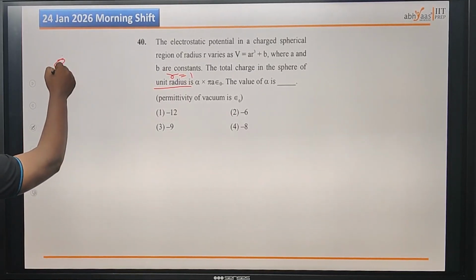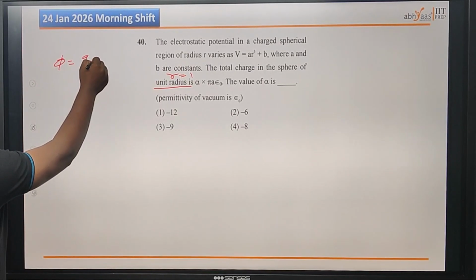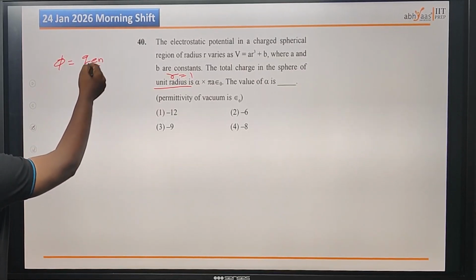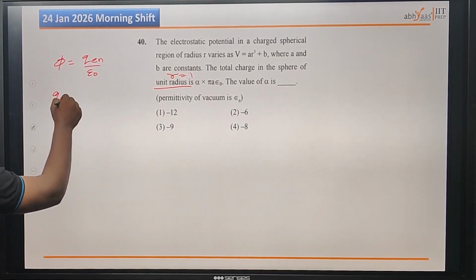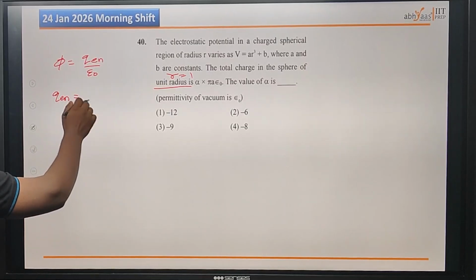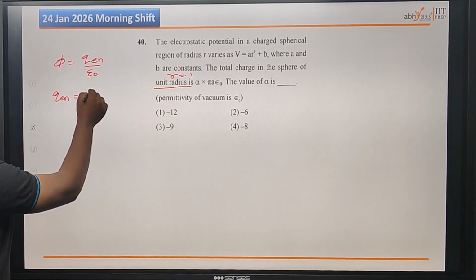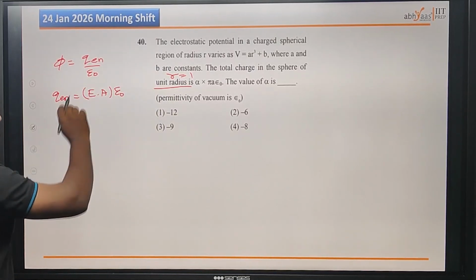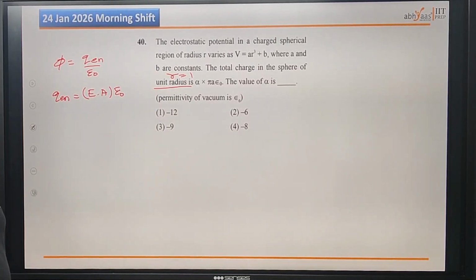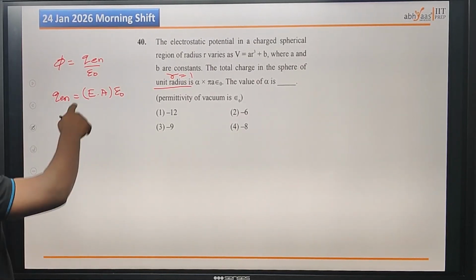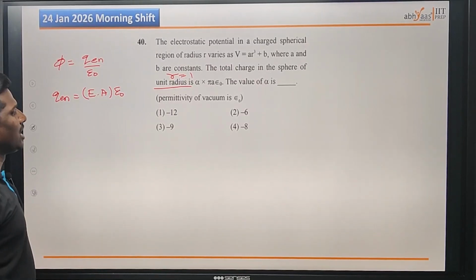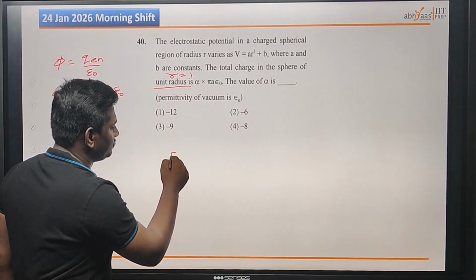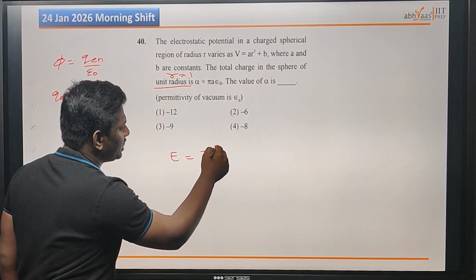How to find the total charge in a sphere of unit radius? So phi can be written as Q enclosed by epsilon naught. We want Q enclosed, so Q enclosed equals phi into epsilon naught. You can write it as E dot A into epsilon naught, that is nothing but the area of the sphere. Next, see here how to find E. We know the formula, E equals negative gradient of potential.